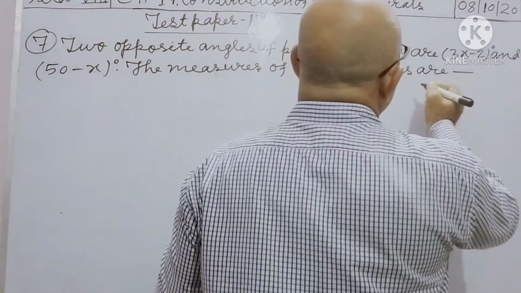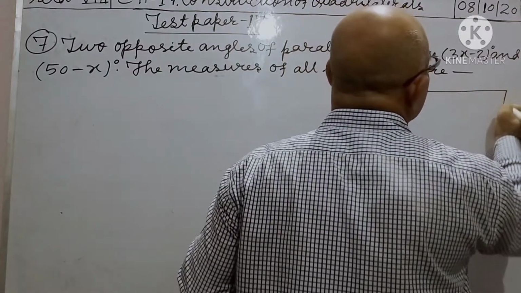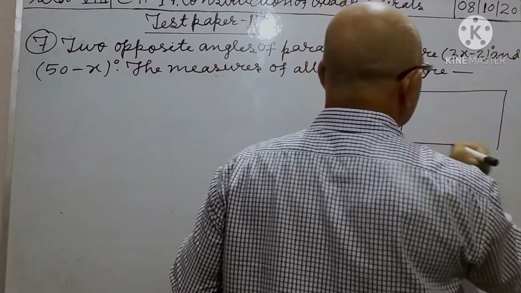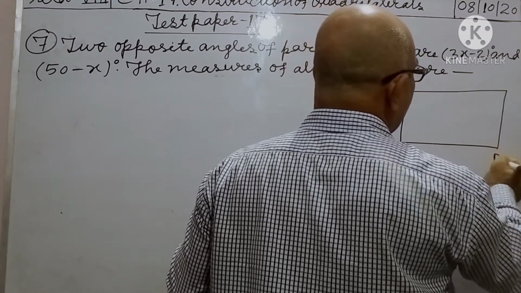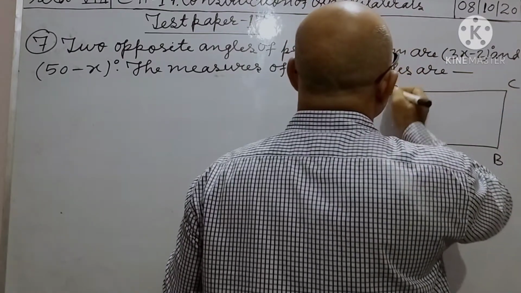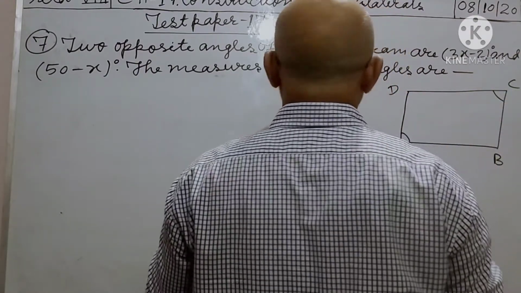So let ABCD be a parallelogram. Angle A and angle C are opposite angles.